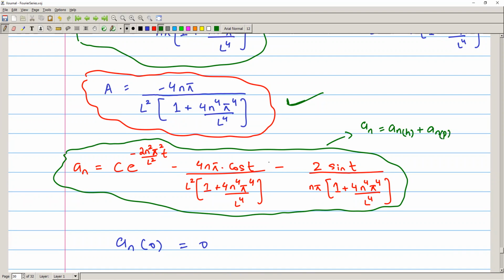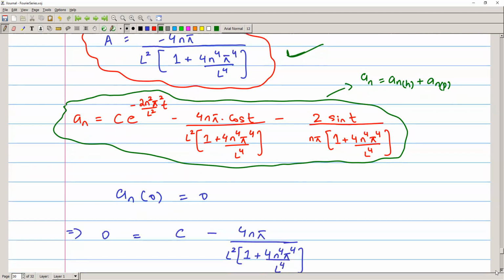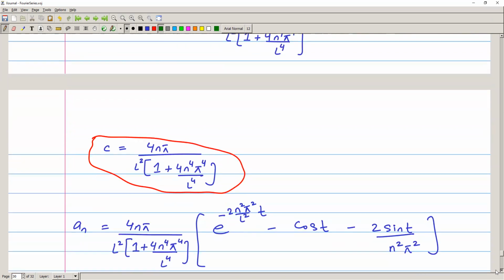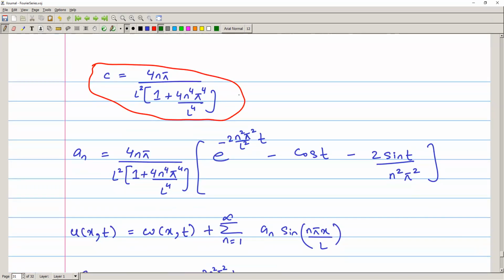All right, so an of 0 is 0, so we'll apply the conditions. We will find c. Here we can see that c minus this function, then c will be equal to this. Now we are just going to put in the value of c and we have generated our an.